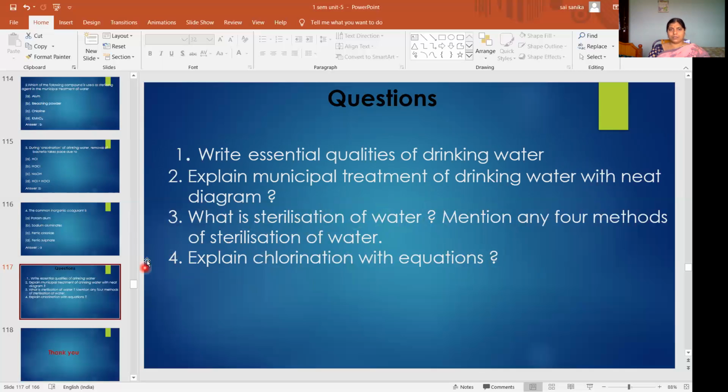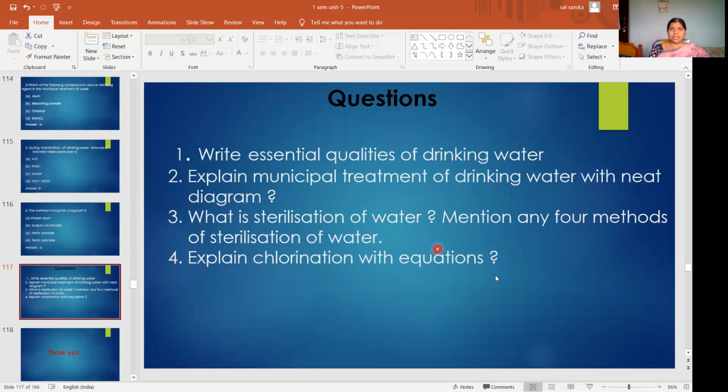Only chlorination: you have to write what is meant by chlorination, and you have to write those equations. So what is chlorination? The addition of liquid chlorine or bleaching powder to water to remove the disease causing microorganisms from water is called chlorination.